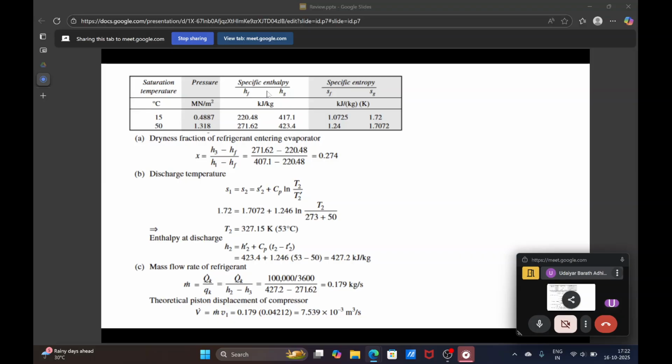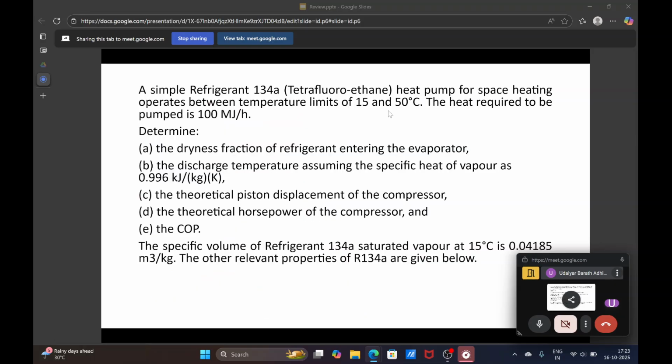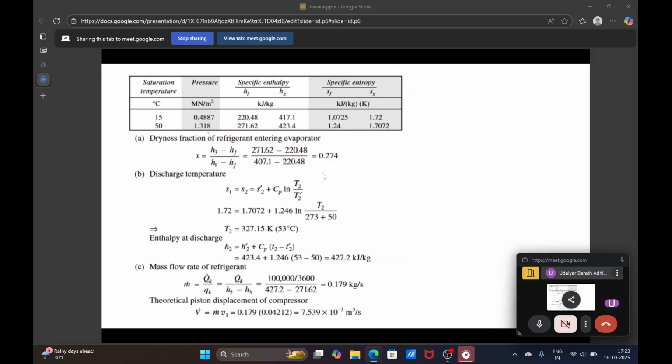So first is the dryness fraction of the refrigerant entering the evaporator. That is your enthalpy at the evaporator inlet, which is equal to the condenser exit enthalpy, which we assume to be a saturated liquid. So saturated liquid enthalpy corresponding to 50 degrees Celsius, because it's operating between the temperature limits of 15 and 50. Your pressures are constant.